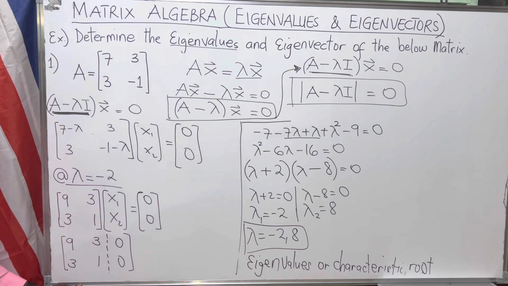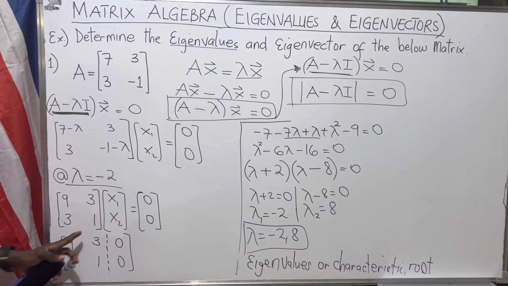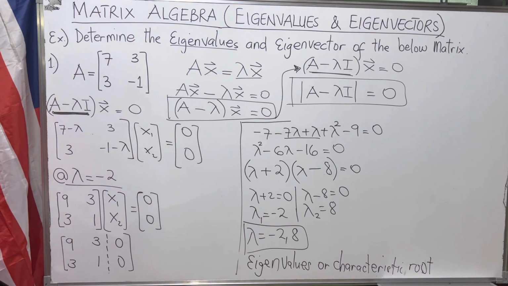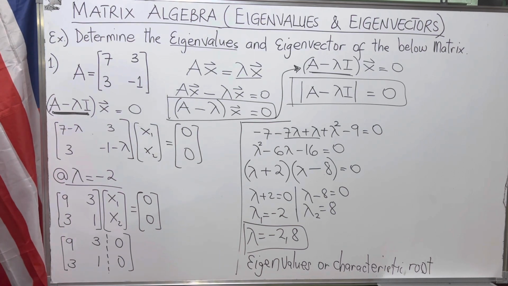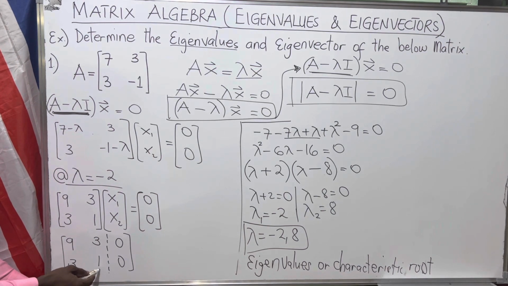Our target here is to rewrite this in row echelon form, making this a 0 and making this a leading one, or we can even put it into reduced row echelon form.